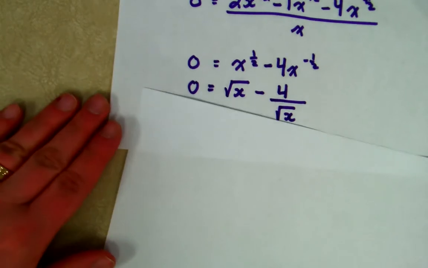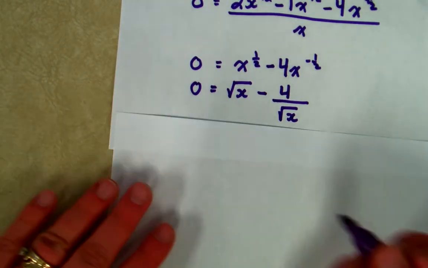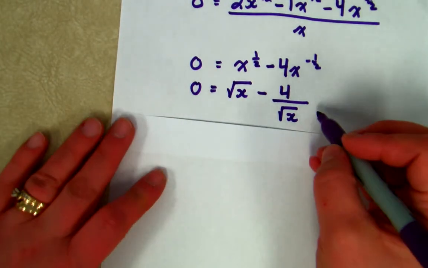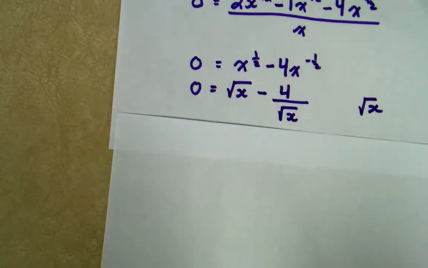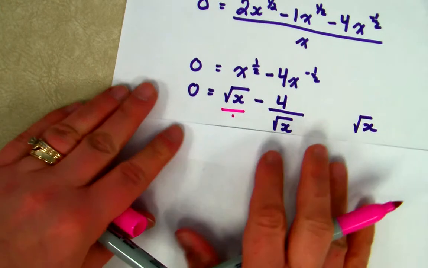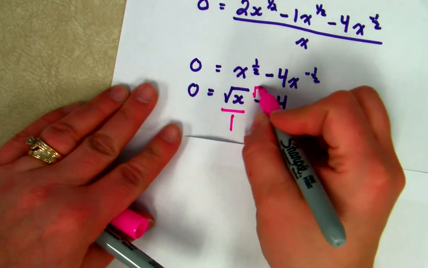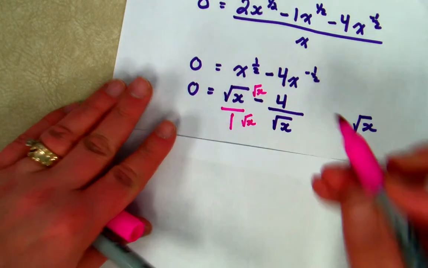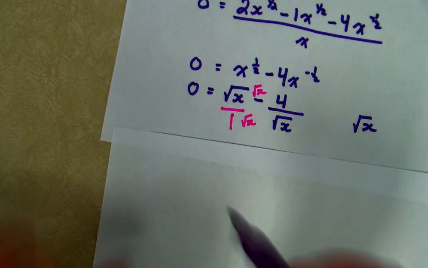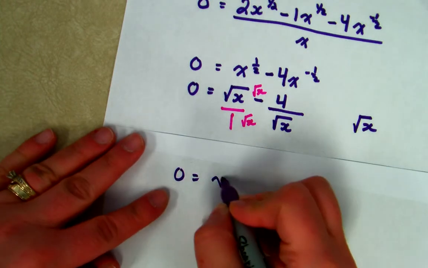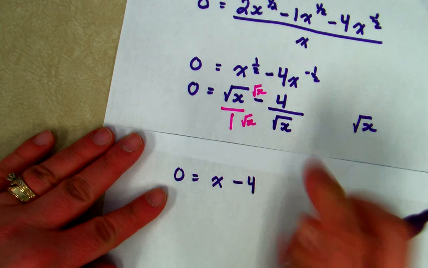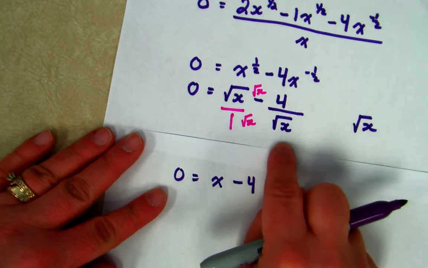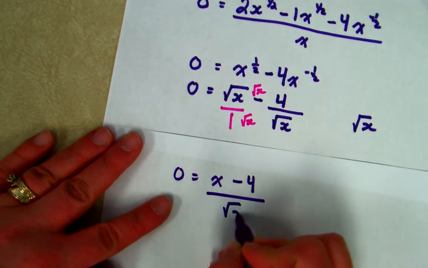So now from that step, I'm going to find a common denominator, and my common denominator is going to be root x. I'm going to multiply this one, which is over 1 right now, by root x over root x. So I get 0 equals x, because root x times root x is x, minus 4, because that one already was over a common denominator, all over root x.